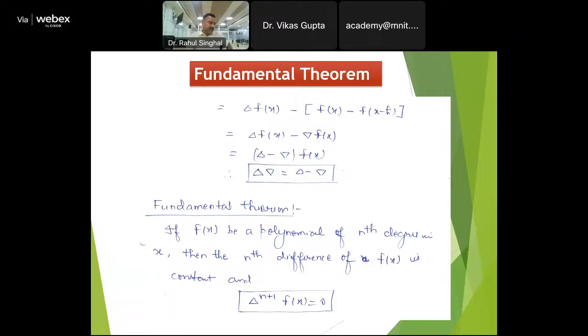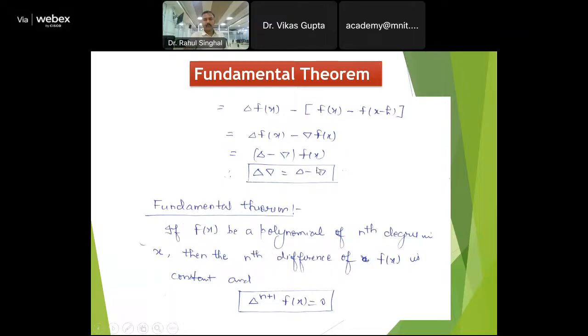Like yesterday, Professor Jiten Kumar was also telling, if we do not know the exact form of the function but know its value at some points, and I give you any point in between and ask you to find the value of the function at that point, then without knowing the form of the function, it's not possible to find the value. But with the help of the forward difference table or forward difference operator, you can easily find this.